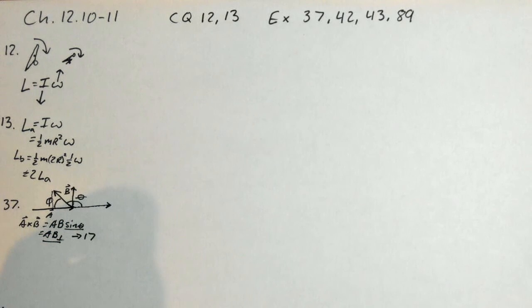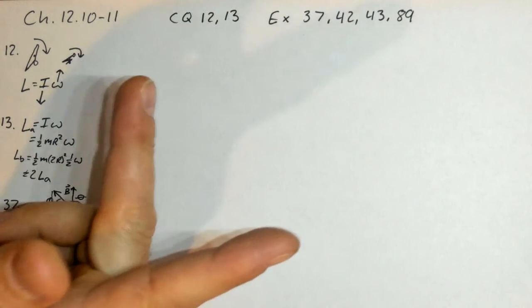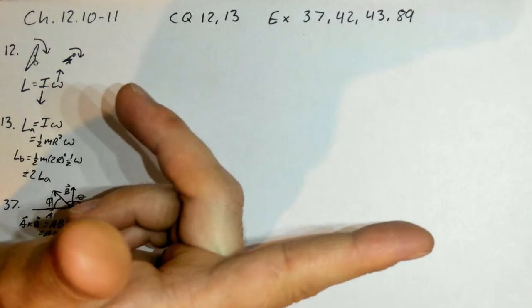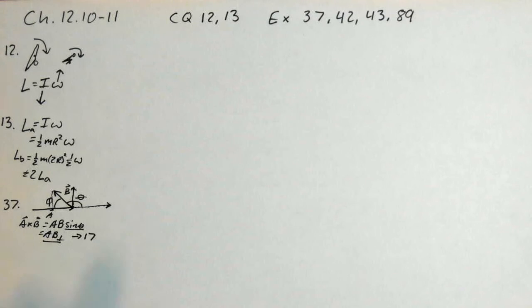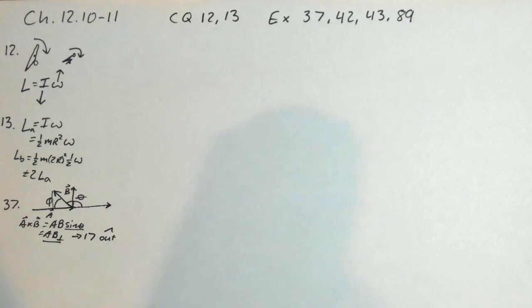Now, the question is, what direction will this point? The way these two vectors are oriented, if we use the right-hand rule, the first vector points that way, the second vector points that way, and my thumb is constrained to point out at you. So the full answer here is out of the page.